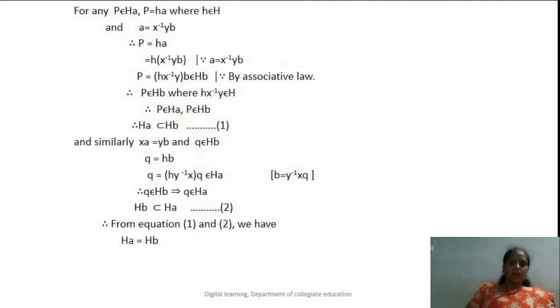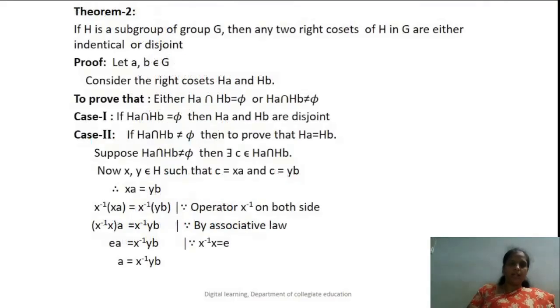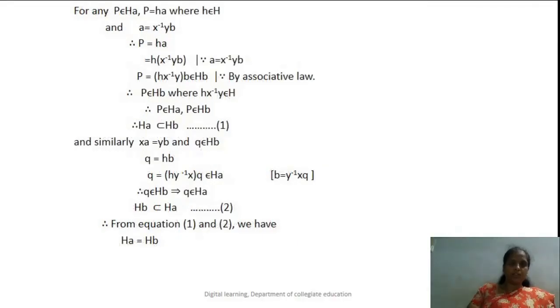Next, for any p belongs to Ha, p is equal to h into a, where h belongs to H. And we have already got a is equal to x inverse yb, so I am going to continue with that.